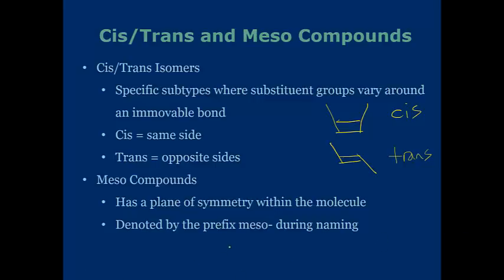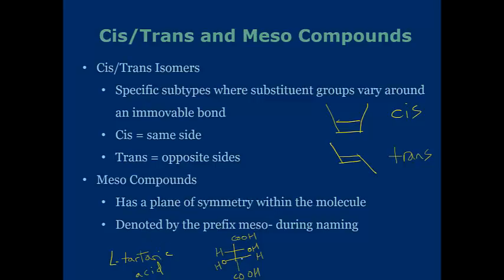So, let me draw an example. Let's use tartaric acid. I will draw one orientation of tartaric acid here. So, this one right here is noted as L tartaric acid. And obviously if there's an L, there is an R, but I won't draw it out.